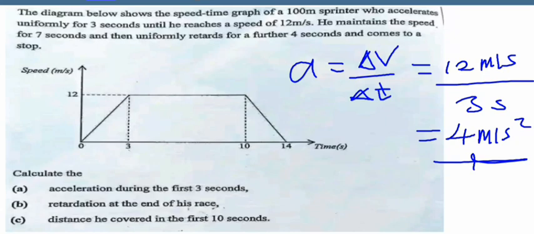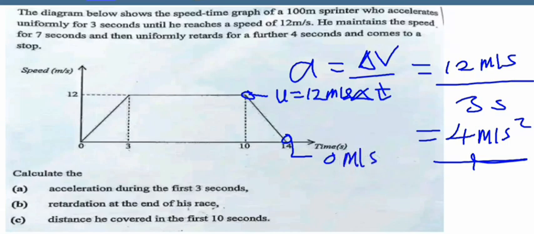The next one, we need to calculate the retardation at the end of this race. The retardation at the end of this race starts from 10 seconds up to 14 seconds. Now, starting from 10 seconds, what is our initial velocity here? Our initial velocity here is just going to be 12 meters per second. Then our final velocity at 14 is going to be 0 meters per second.